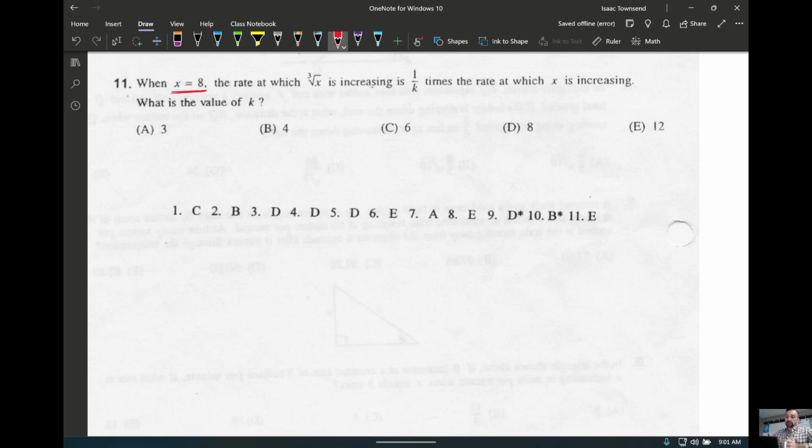Okay, so 11 says, when x is 8, the rate at which this is increasing. Now, the rate of this, to me, that sounds like derivative, personally.